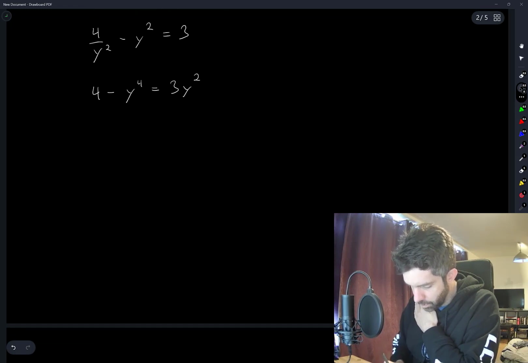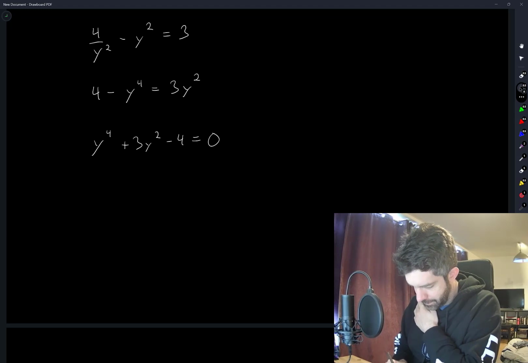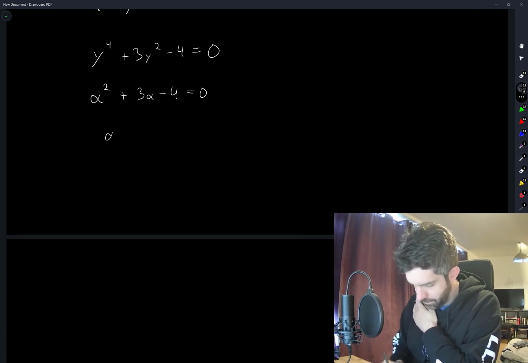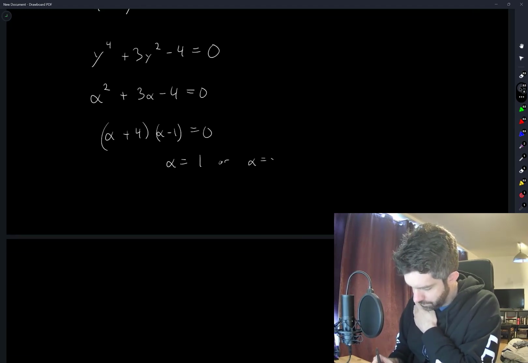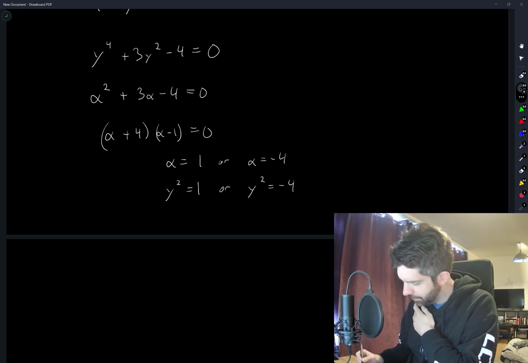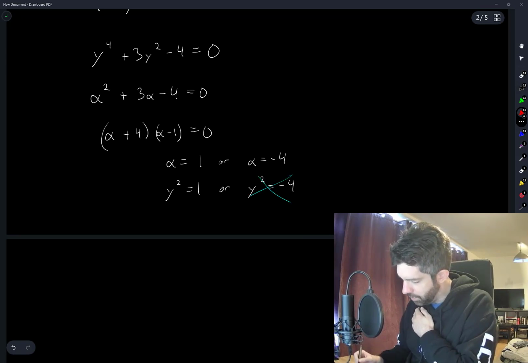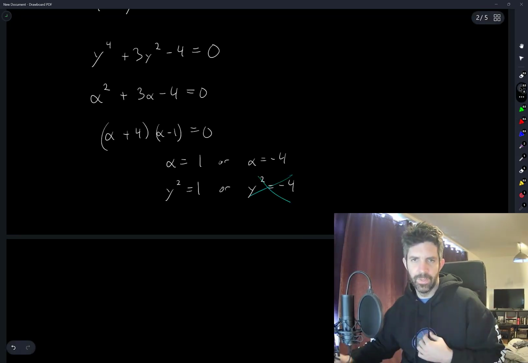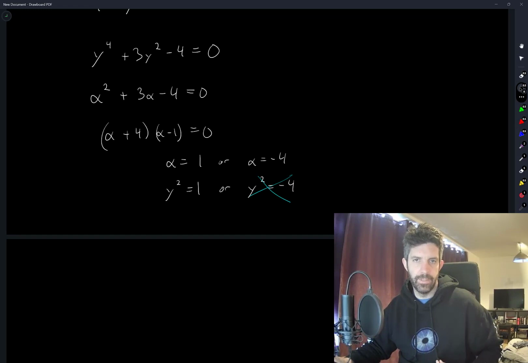Okay, so I end up with a quartic equation, but it only has even powers of y, so I can treat it like a quadratic equation. I'm assuming that we're not concerned with complex numbers here, given the level that was stated in the message to me.